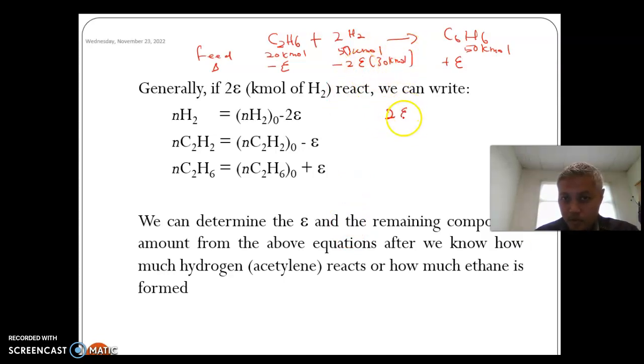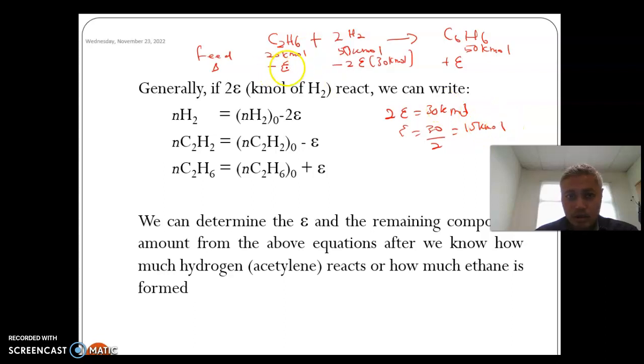So 2 epsilon equals 30 kilomole. Just ignore the negative sign here, because it depends on whether it is a product or reactant. Later on we will substitute the value of epsilon into the equation. So epsilon equals 30 divided by 2, which is 15 kilomole.